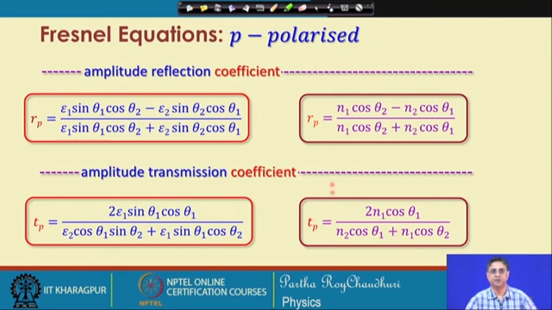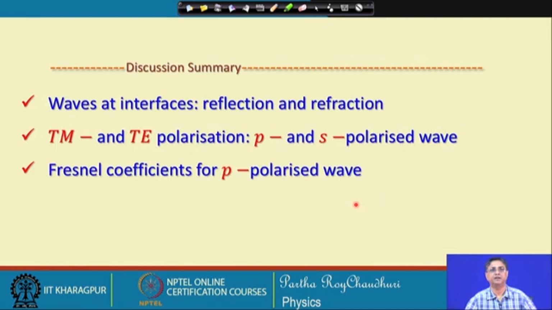So, till now we have seen how the electric field amplitudes are related from the incident wave to the reflected wave and to the transmitted wave in terms of the amplitude reflection and transmission coefficients. Then we will discuss more details about the energy transmission, Poynting vector and other things in the next section.